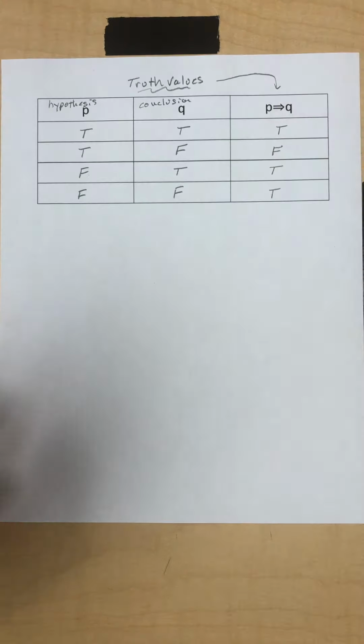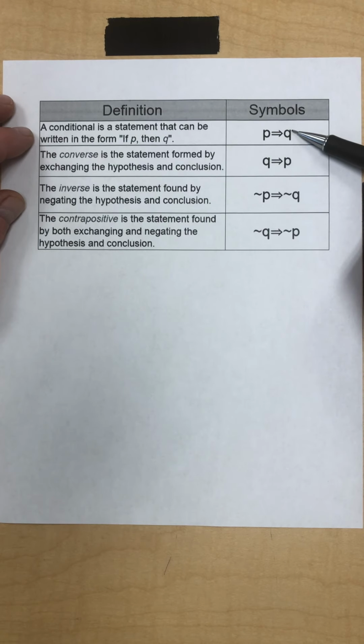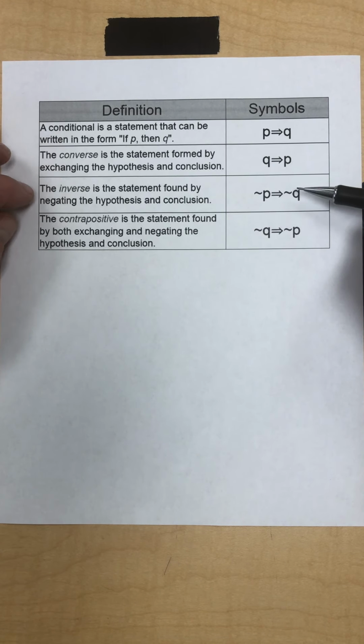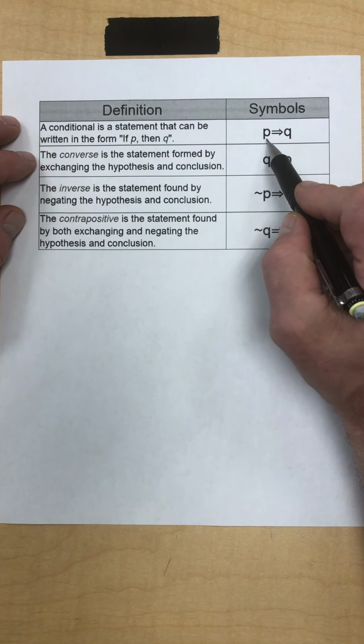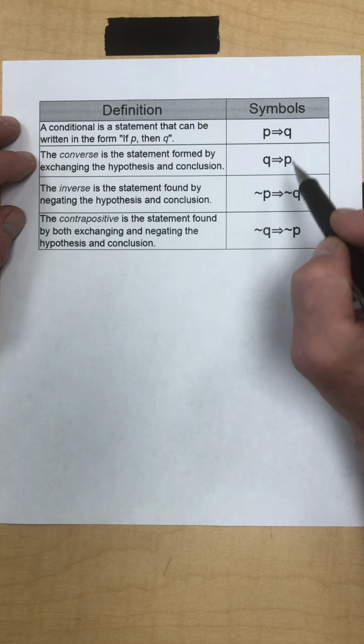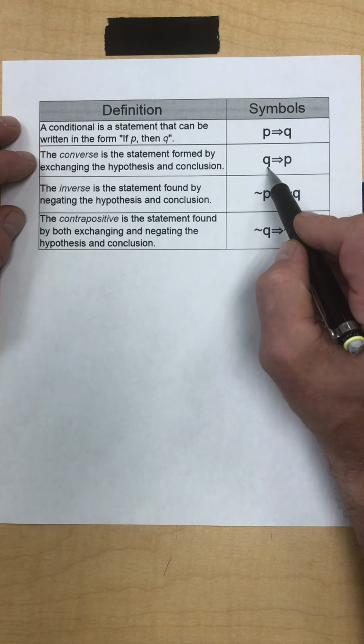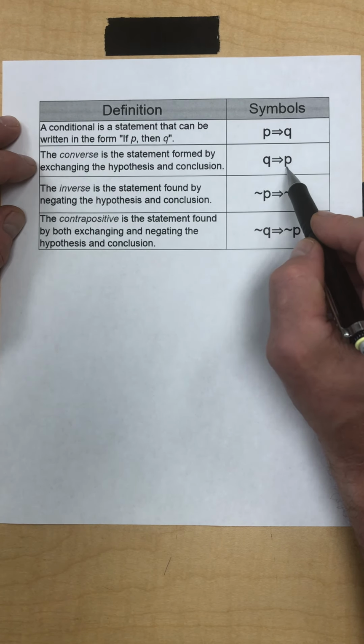Again, we started talking about these manipulations of a conditional statement. We have the converse, the inverse, and the contrapositive. The converse is when you switch the hypothesis and the conclusion, so the converse of the original statement would be Q implies P. For the inverse, you don't switch them, you just negate them, so you'd say non-P implies non-Q.